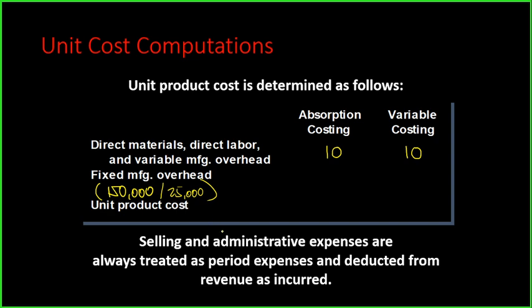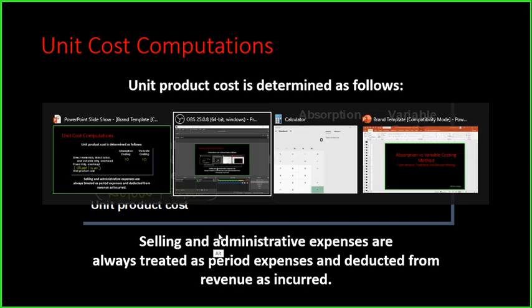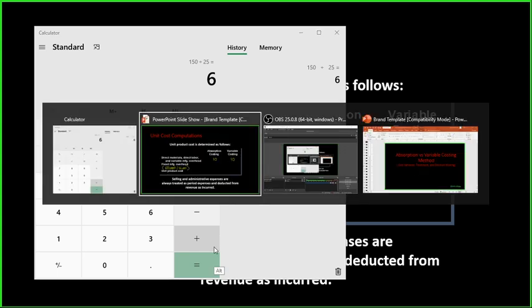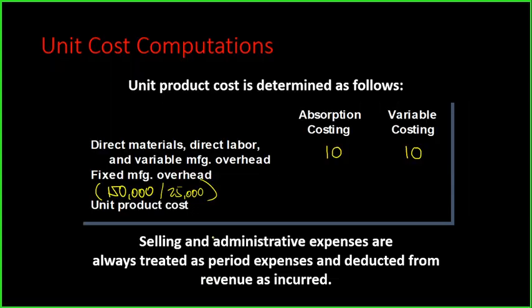So 150 divided by 25, you will get 6. So you will now have 6. That is where the unit cost under absorption costing comes from, and it is 16.